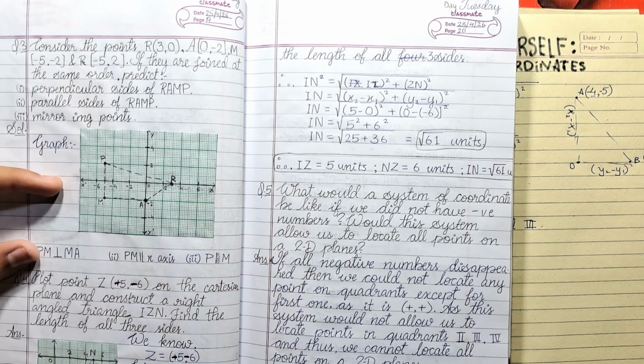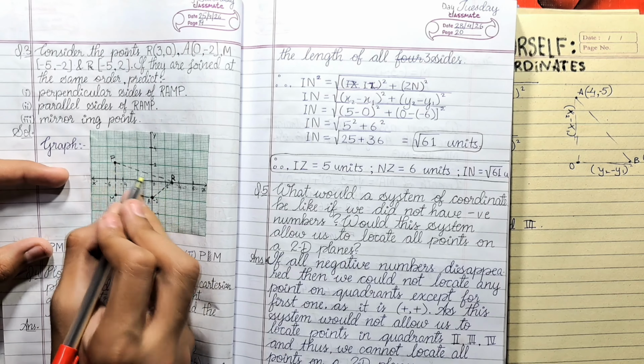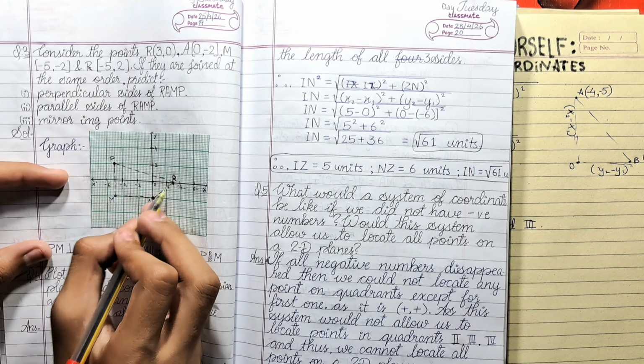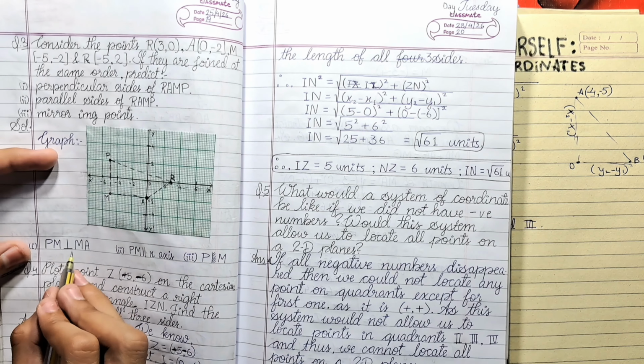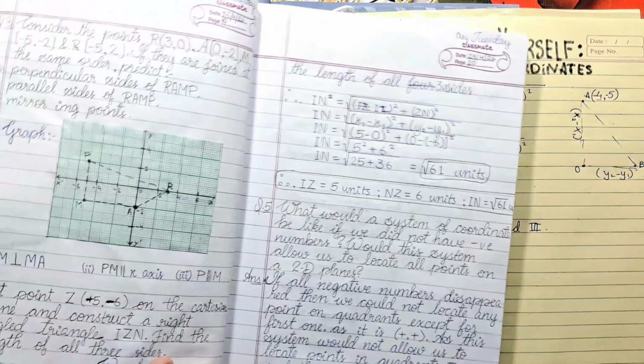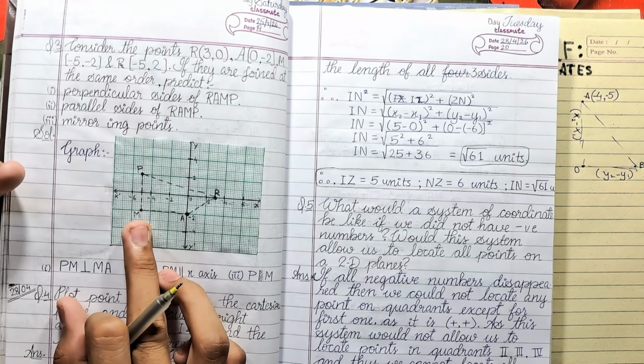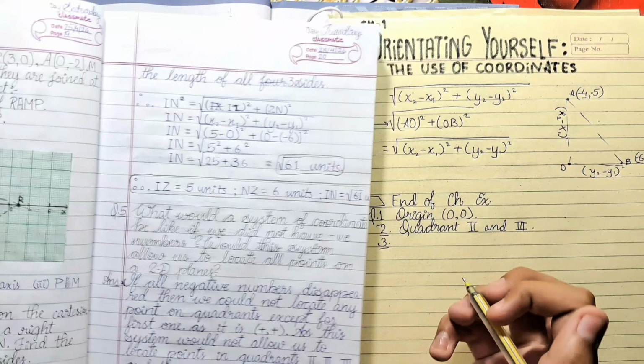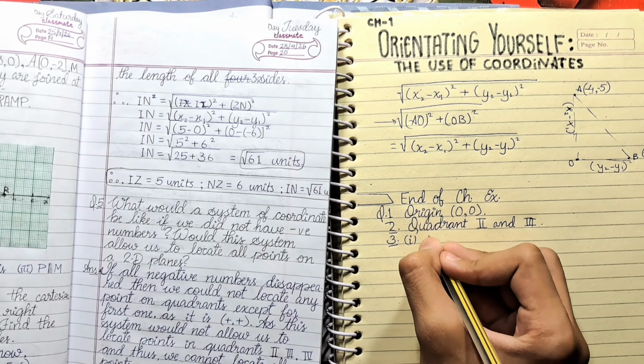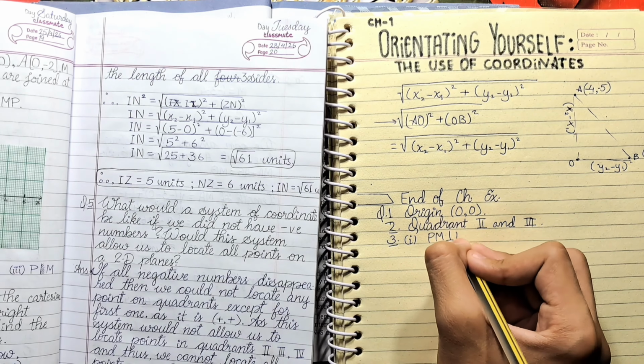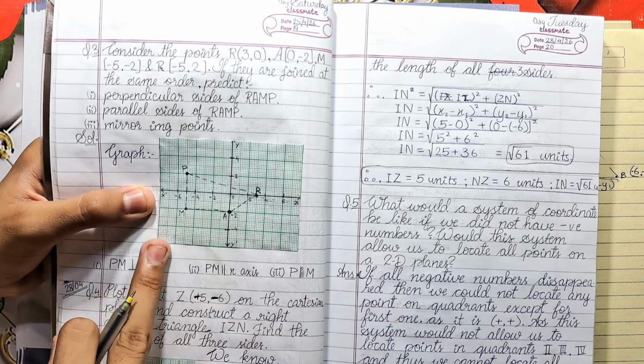This forms a different type of polygon which has 4 sides. Here, first question, which of them is perpendicular? PM is perpendicular to MA. Now see the graph. Which line is parallel to the y-axis?